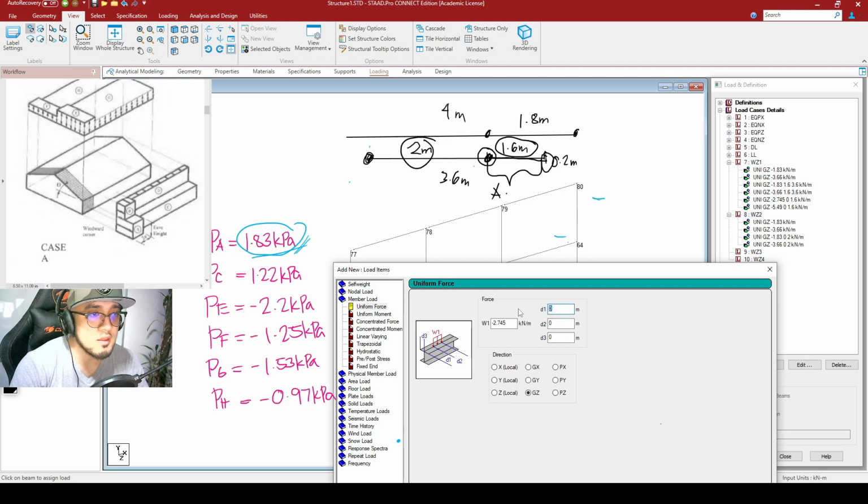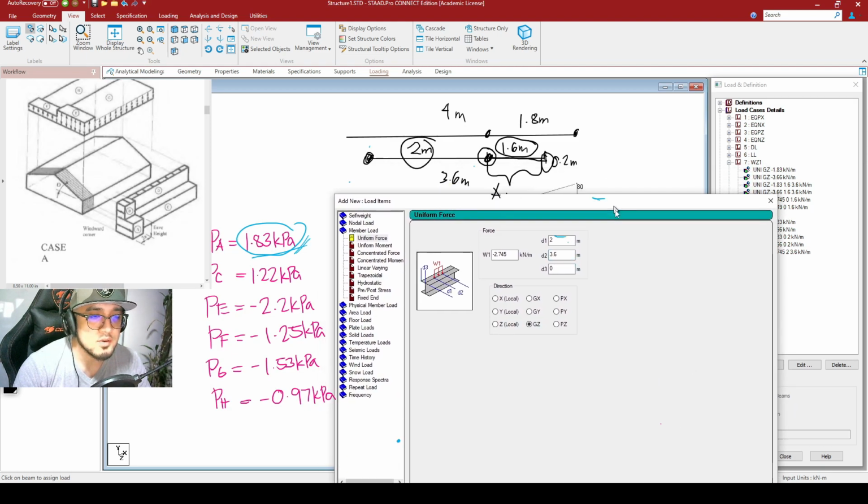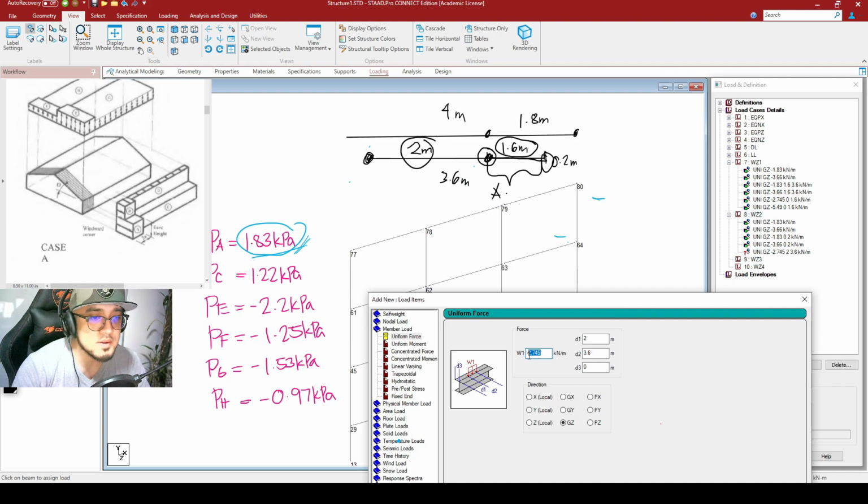So for D1, this is to be equal to 2. So your starting point is 2 meters from your starting node, so 2 and it would end at 3.6. Then click add. So that is for your exterior beams, and for your interior beams, this is to be 5.49.